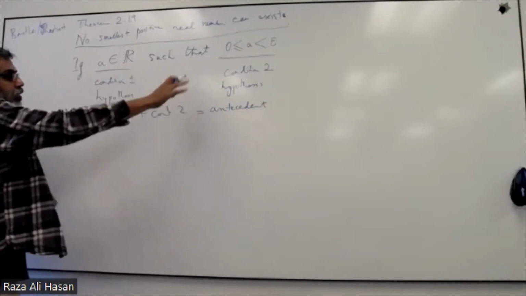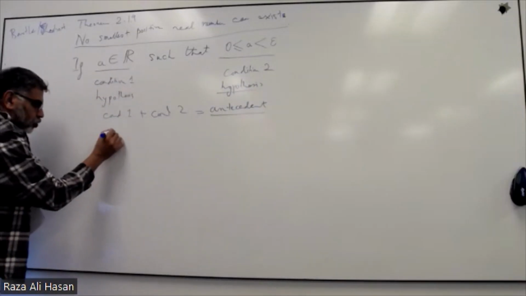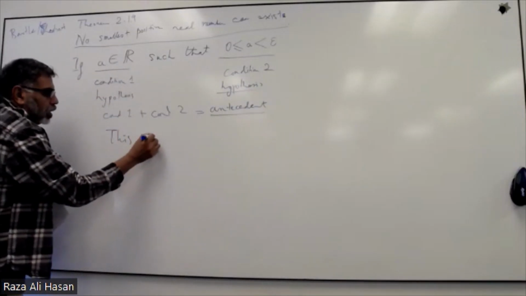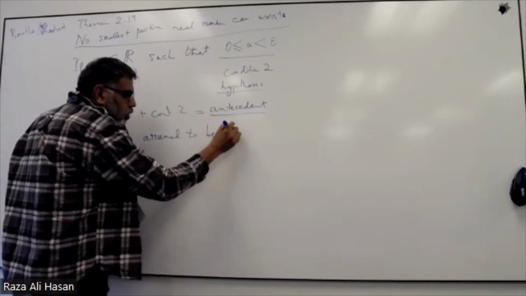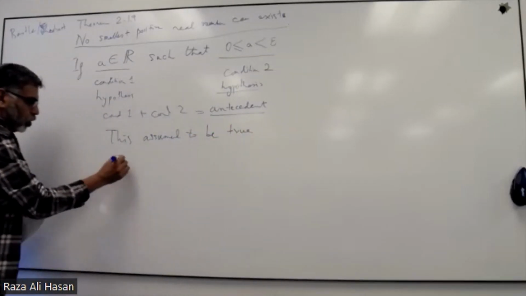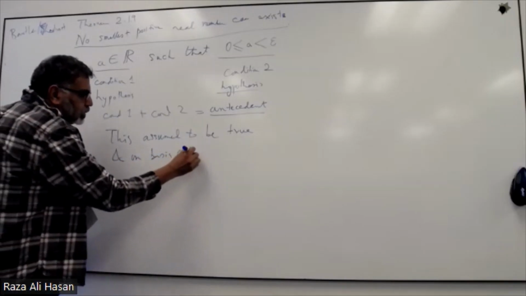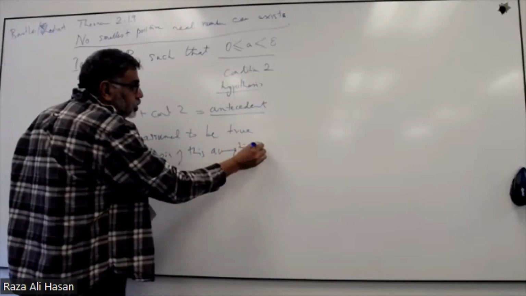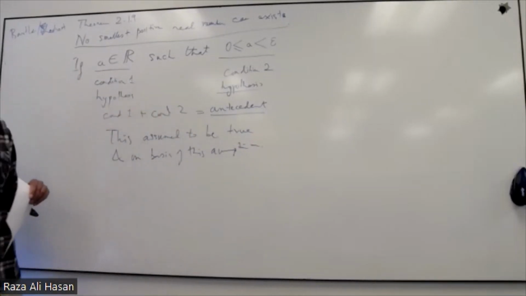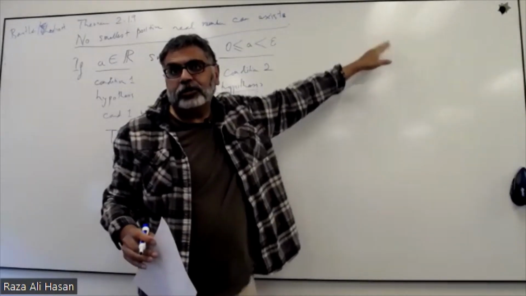So what is an antecedent? What is a hypothesis? This is what we assume to be true, and on the basis of these assumptions, we prove what's going to come right here, the conclusion that we have to show.